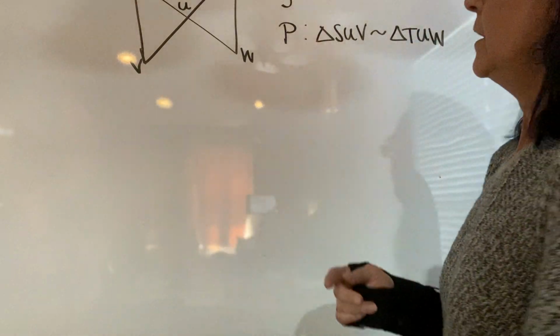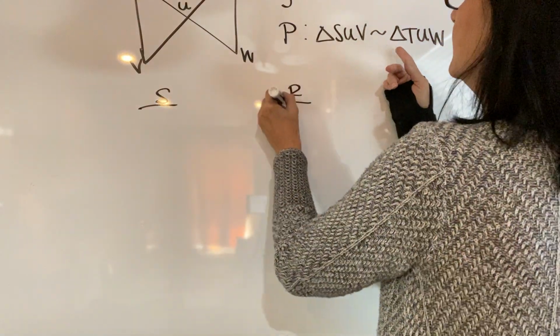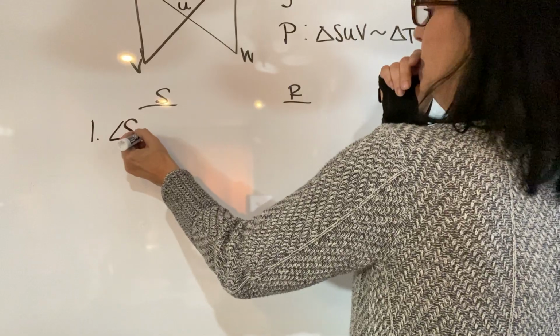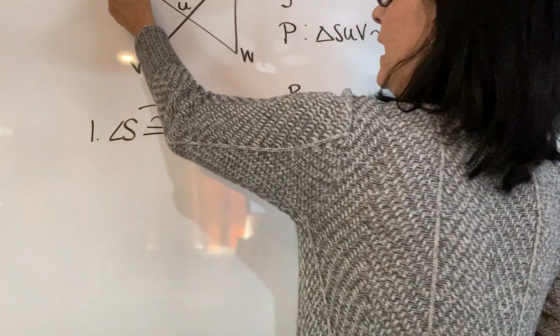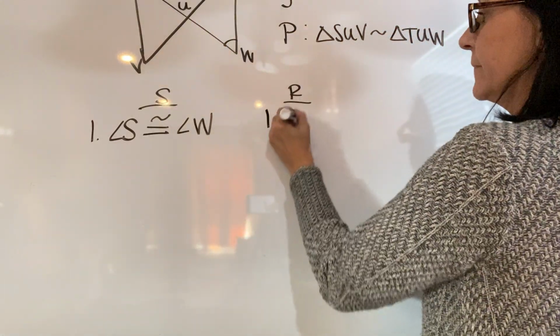So we begin with our given statement. Angle S is congruent to angle W. Why? Given.